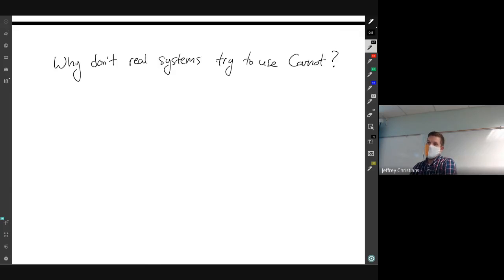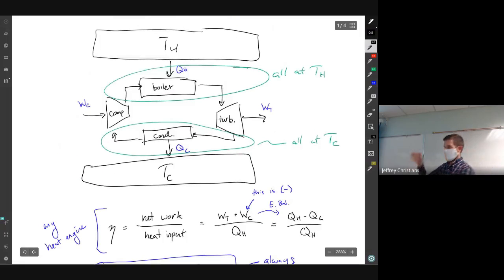Okay, but we can put insulation on stuff and try to make it close. We do try to make things close to adiabatic by putting insulation and trapping the heat in. But we don't try to make a system where the top is at one temperature and the bottom is at another temperature.